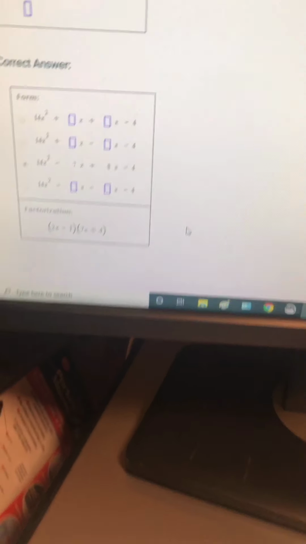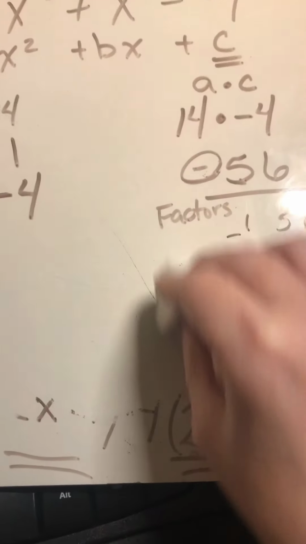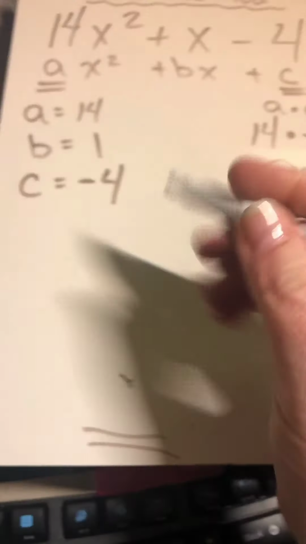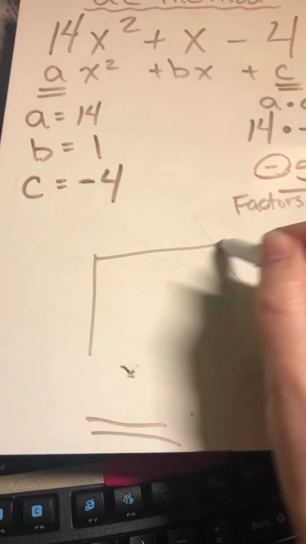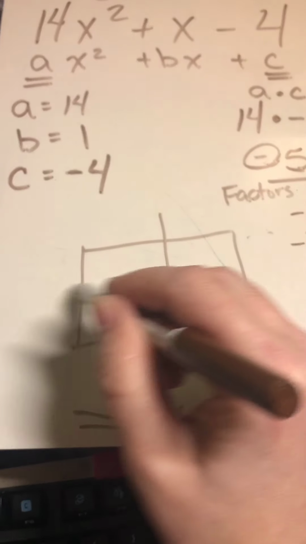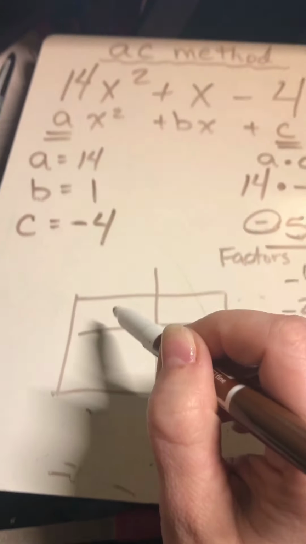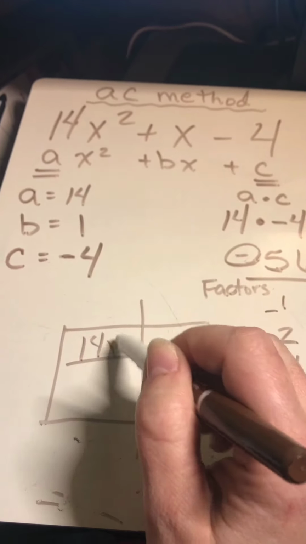Okay? I personally, instead of showing it through the grouping like this, I still do all of this work right here, but I use the box method to do my grouping. Okay, so I know that my first term always goes in this box, so that's 14x squared.